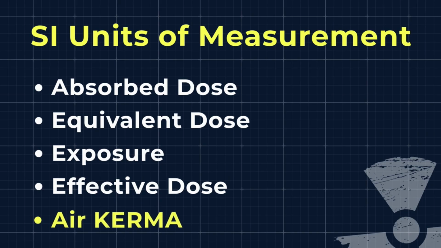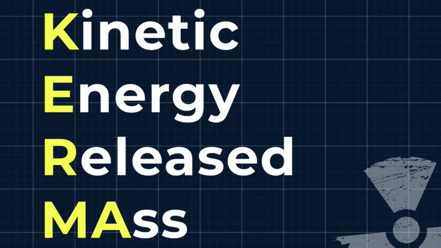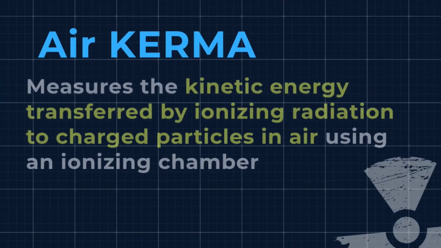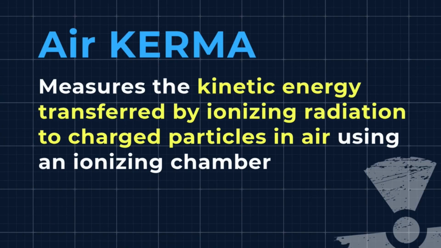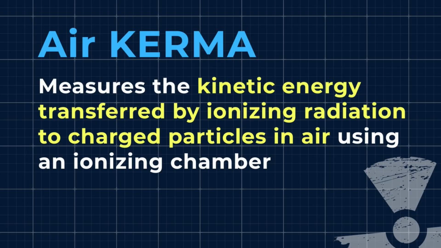KERMA is another SI quantity that is used to express how energy is transferred from radiation to air. The word KERMA is an acronym that stands for kinetic energy release per unit mass. The main idea is that KERMA measures the kinetic energy transferred by ionizing radiation to charged particles in air, using an ionization chamber as the instrument that can be calibrated to read it.